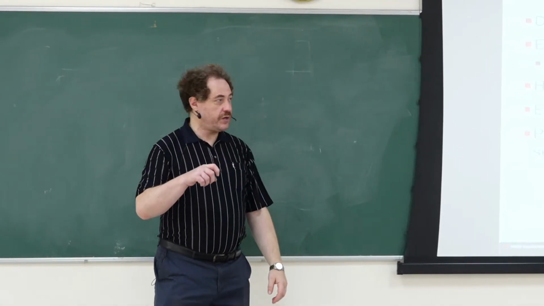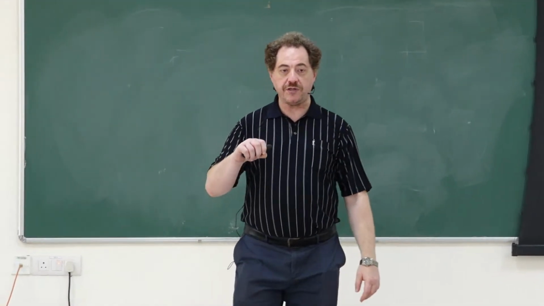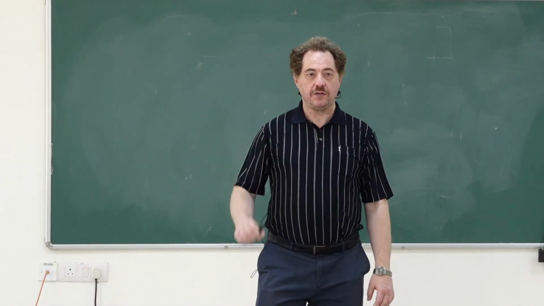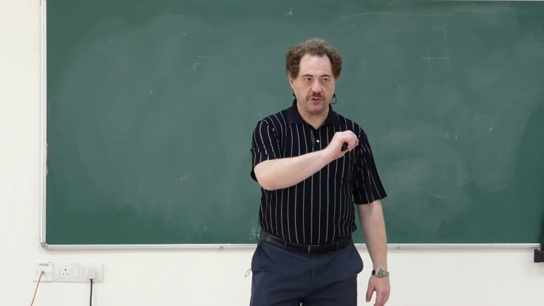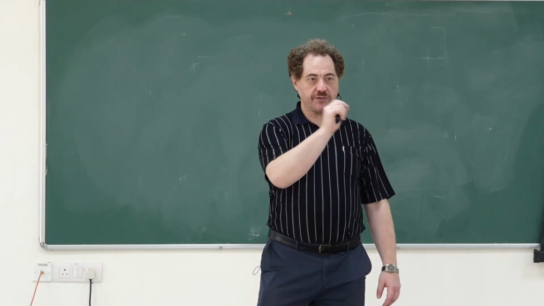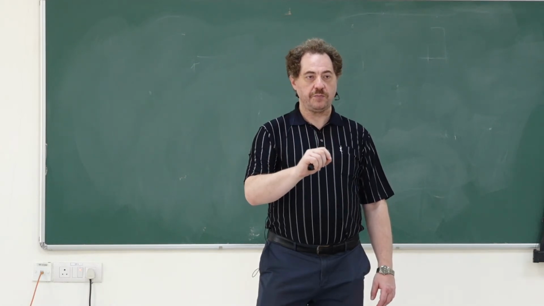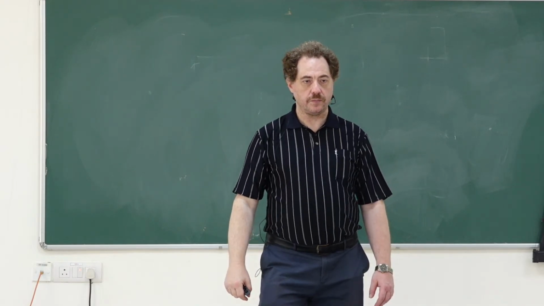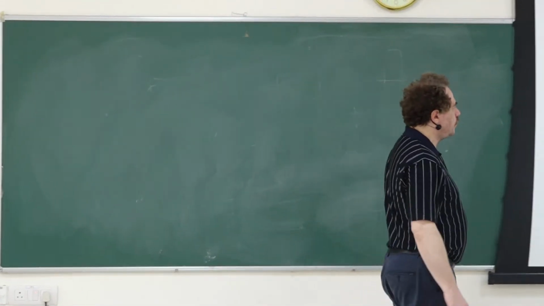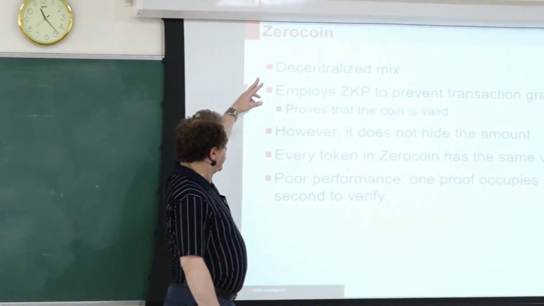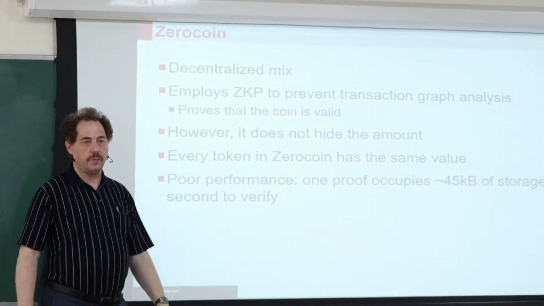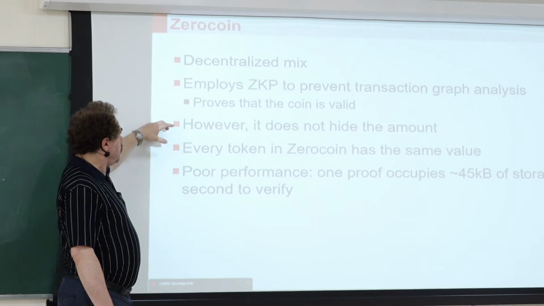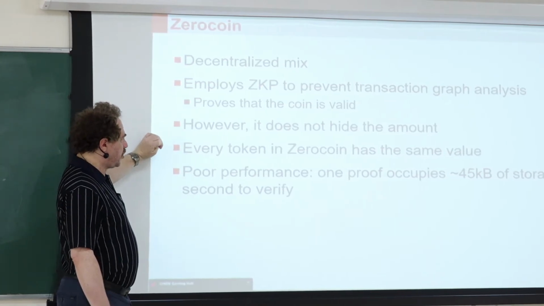The proof is to show that the particular coin is valid. You do not reveal the source. You do not reveal the output which is used as the input. You do not reveal it. But you prove that there is a correct output. However, Zerocoin doesn't hide the amount. And Zerocoin had a few additional problems.